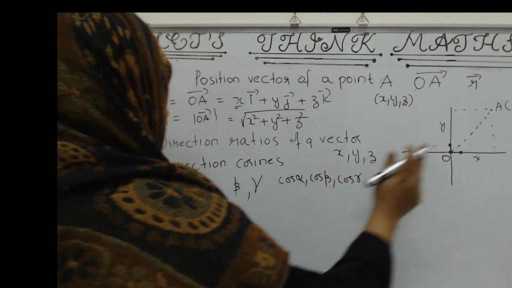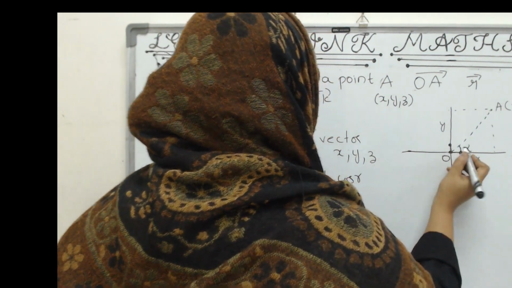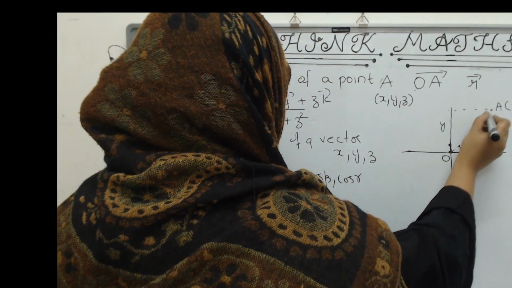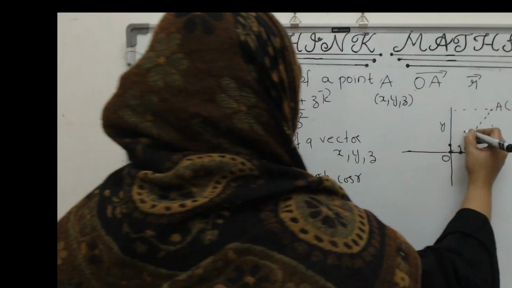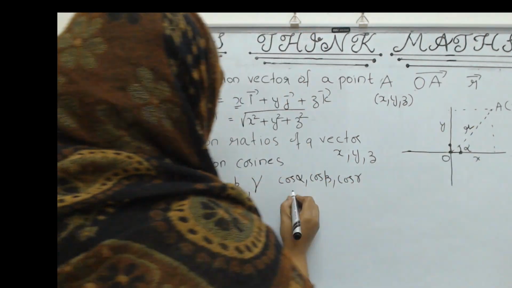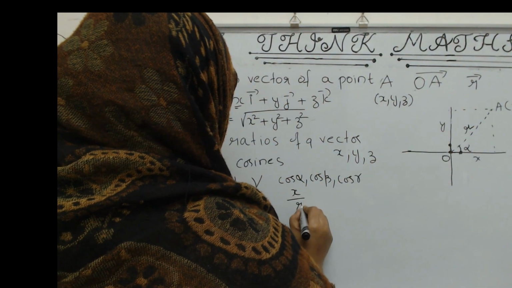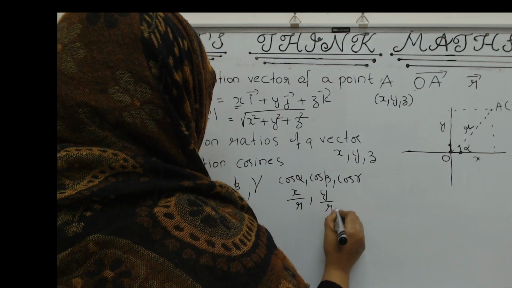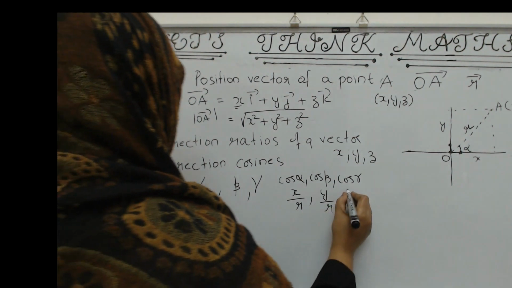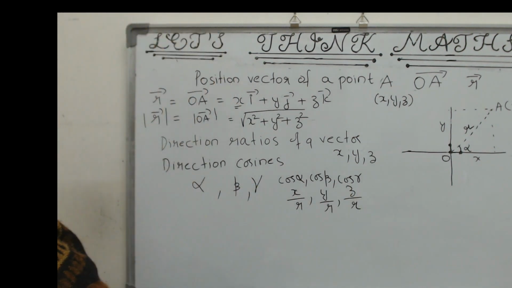What is cos alpha? Look at this. Alpha comes here. The length OA is what? We have found OA to be r. So cos alpha is adjacent side by hypotenuse, x by r. Similarly, what will be cos beta? y by r. What will be cos gamma? z by r. So these are the direction cosines.